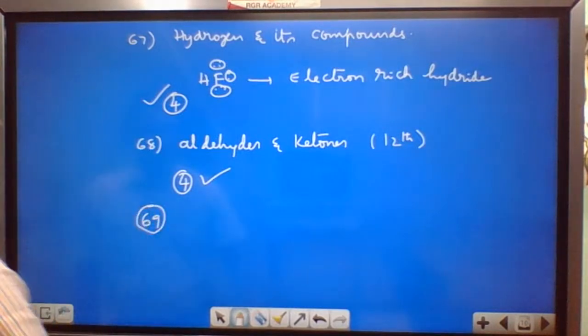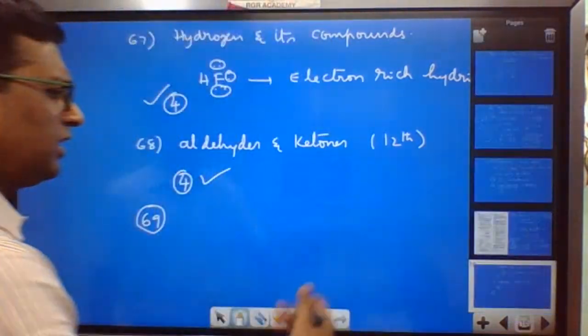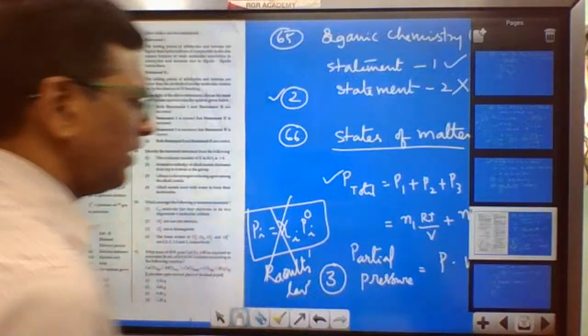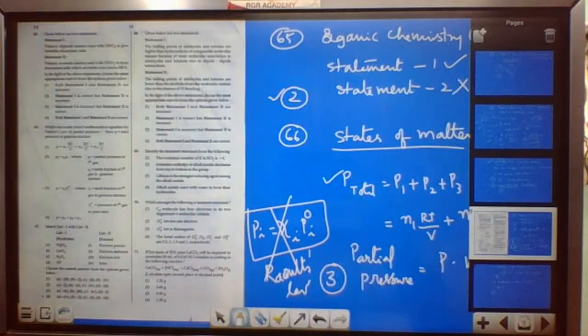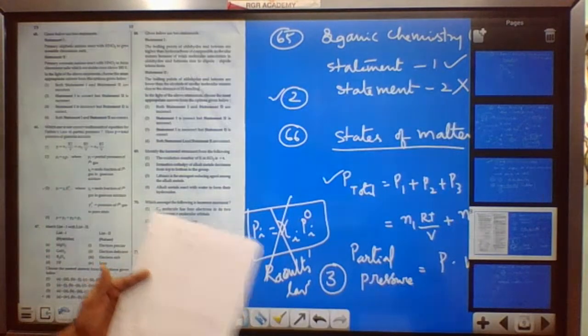Question 69. In organic chemistry, generally they give chapter-wise questions. Generally, we can expect conversions in organic chemistry, but this time they didn't give that kind of question.